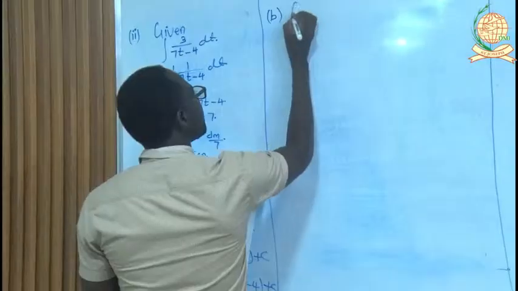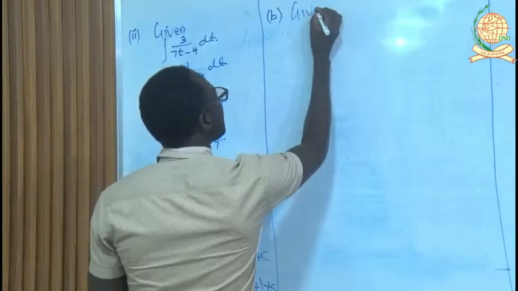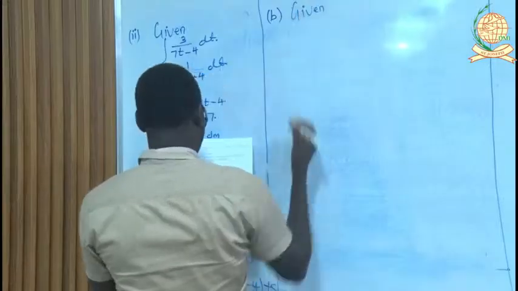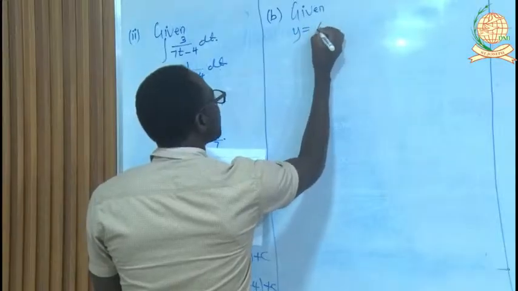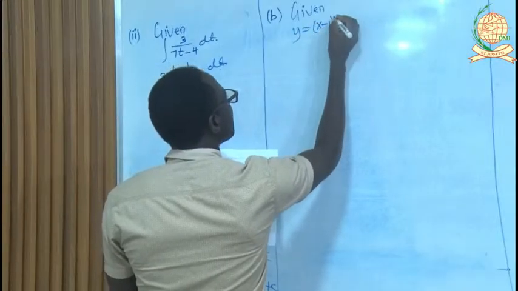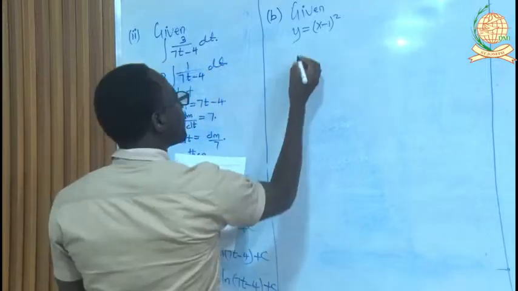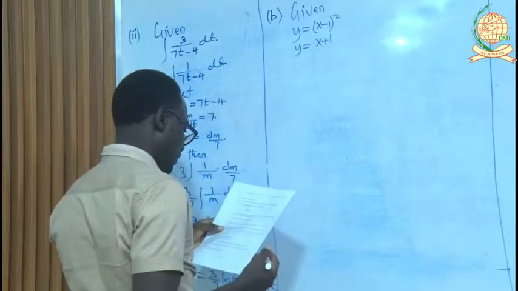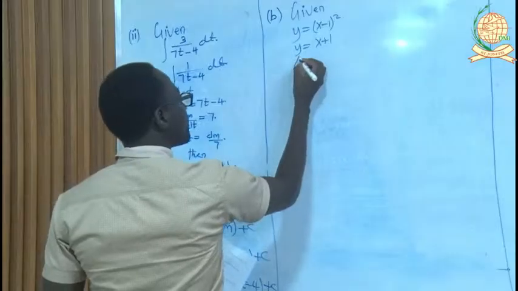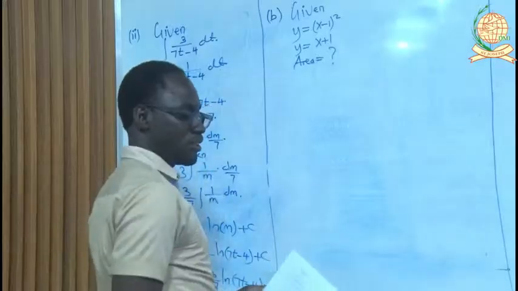So here we have the curve y equals x minus 1 squared and y equals x plus 1. Then from these two curves, area is needed. This is application of integration.